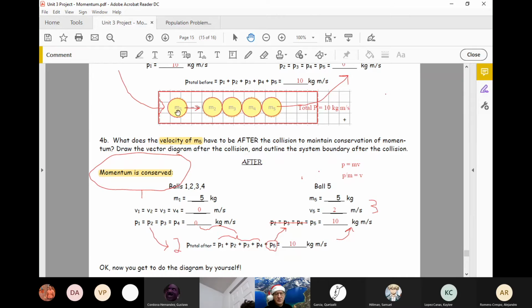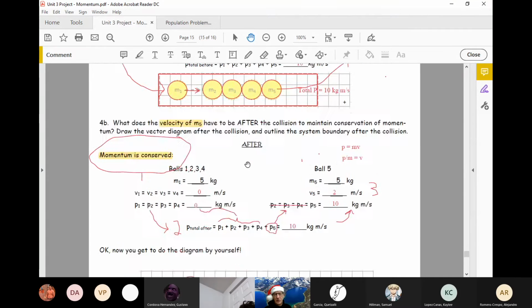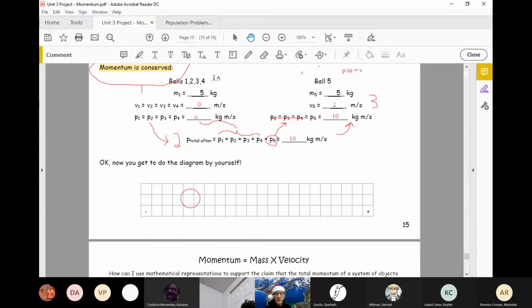You don't have to use a subscript, you can just use M1, M2. Something like that. So go ahead and finish that vector diagram yourself. And then give me a thumbs up when you're ready to move on.